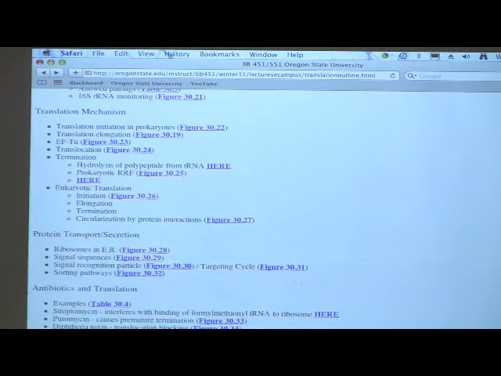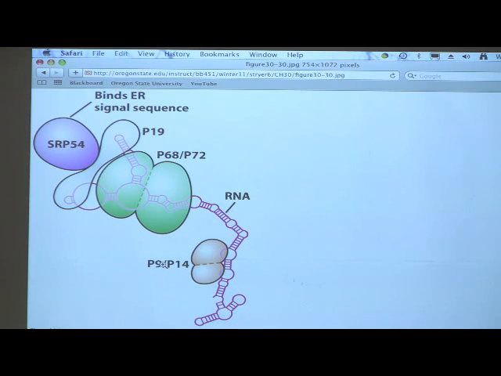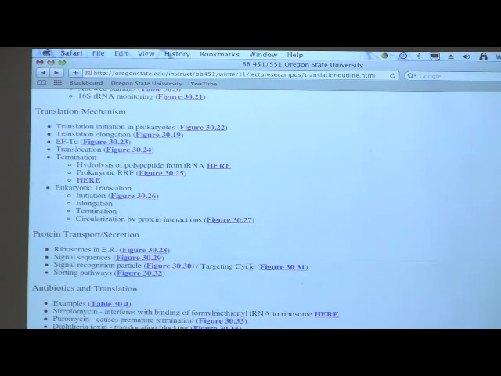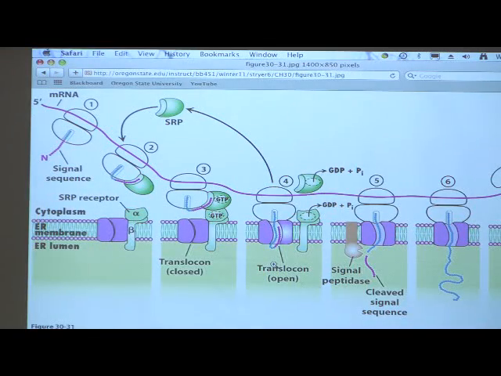Now, how does the overall process happen? Well, in order for the process to happen, there has to be some proteins and, as you saw in the last figure, RNAs that play roles in helping those ribosomes that are translating a protein to make it to the endoplasmic reticulum. Now, I want to emphasize that translation started in the cytoplasm.